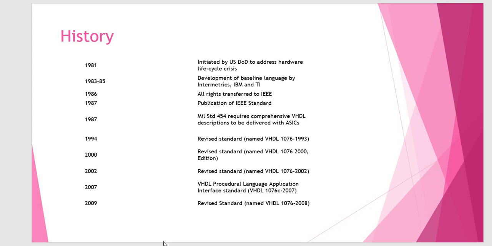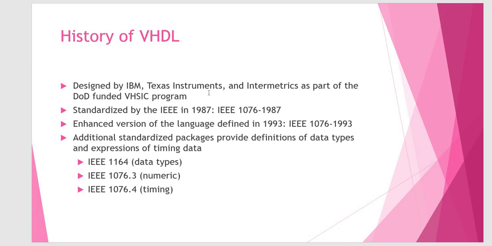So these are some of the revisions which were carried out. Practically speaking, all these revisions are integrated in the platforms provided by various service providers. It was designed by IBM, Texas Instruments, and Intermetrics as a part of the DoD-funded VHSIC program, standardized by IEEE in 1987, and an enhanced version of the language was redefined in 1993.